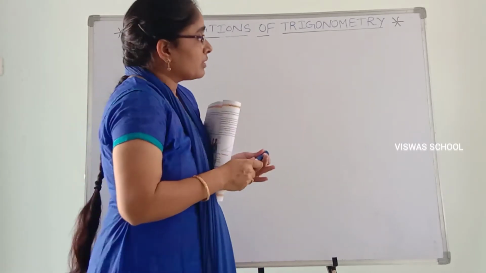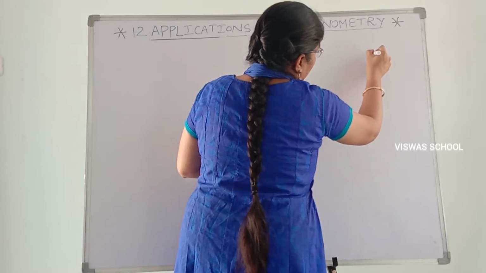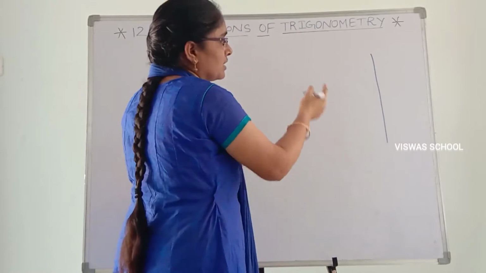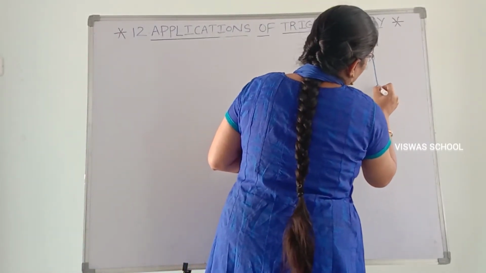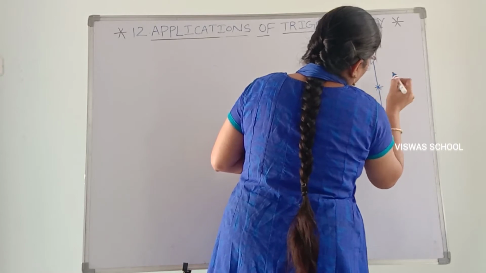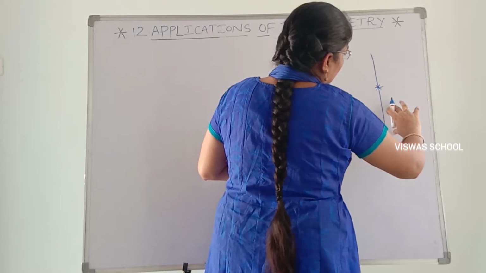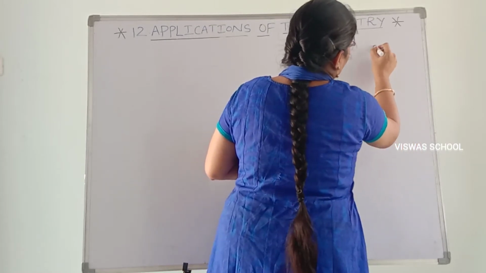Here, to solve this, first draw the diagram. We are having a tree. This is the tree. Now the tree is cut at this point. This is the broken part and this is the remaining part.